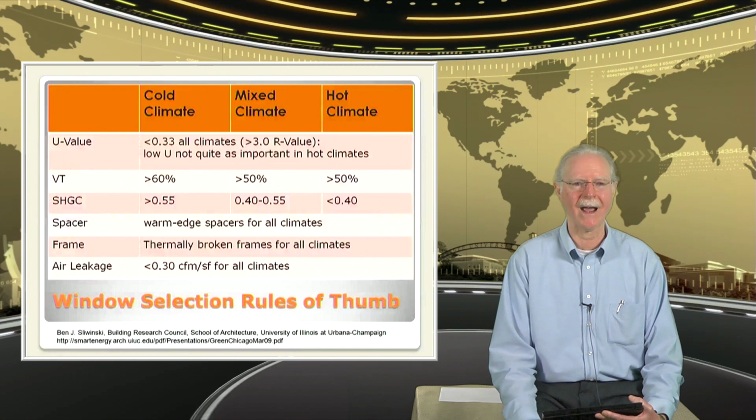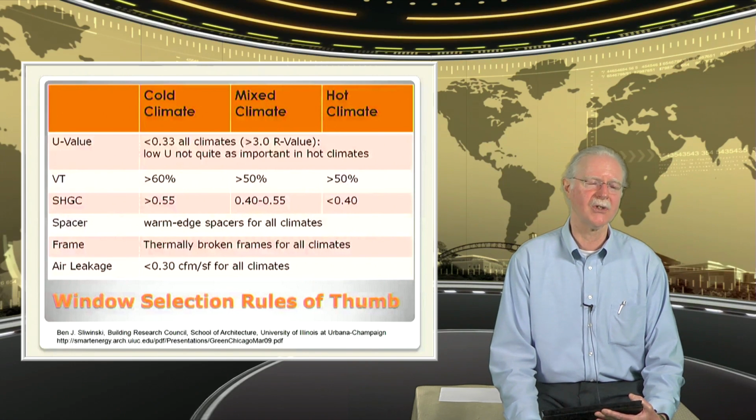It's the biggest factor involved when we're in a cold climate. By the same token, we're going to look for higher visible transmission and higher solar heat gain coefficients.